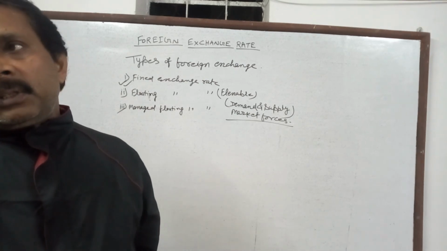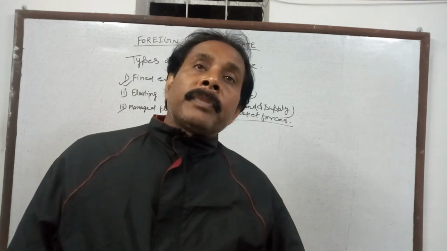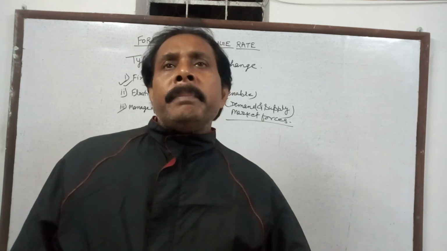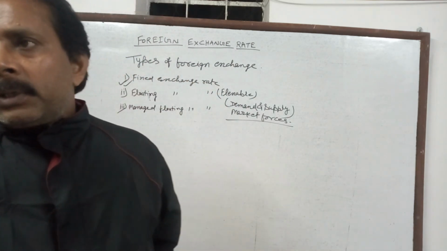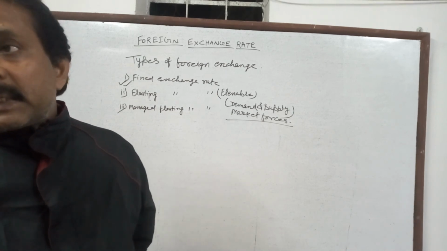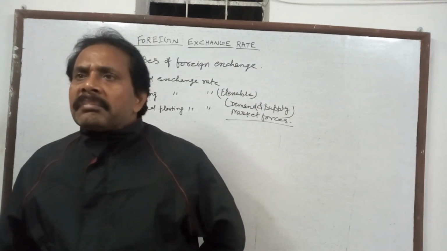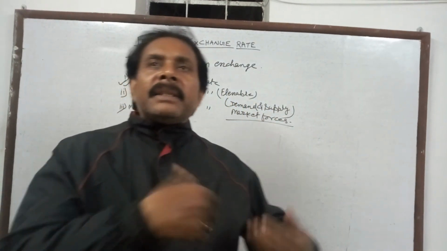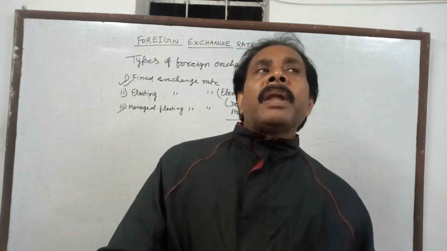Okay, but it can't be controlled by the governor of RBI. To some limit, it may be possible, but it is not possible for a long period of time. Is it clear? So the central bank maintains reserves of foreign exchange to ensure that the exchange rate should be controlled by selling the foreign currency, and here the foreign currency is sold by the RBI.